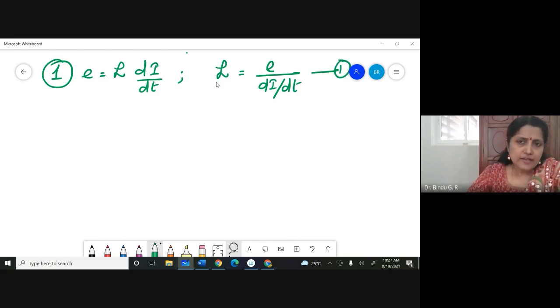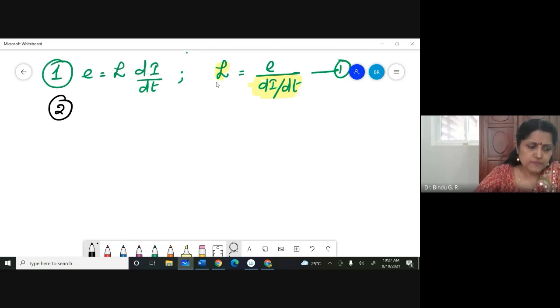One inference from this equation is that L is dependent on the rate of change of current. If the rate of change of current is high, L will be small. If the rate of change of current is small, L will be greater. So that is one takeaway from that equation.